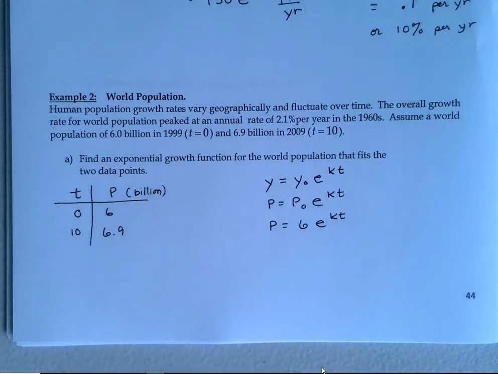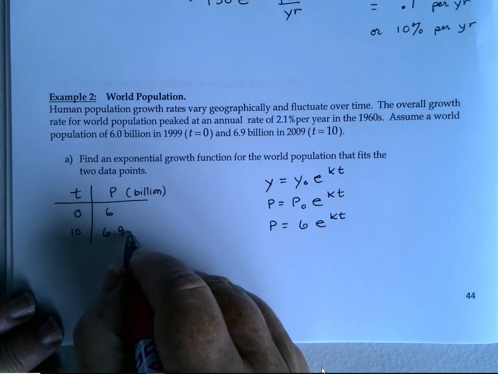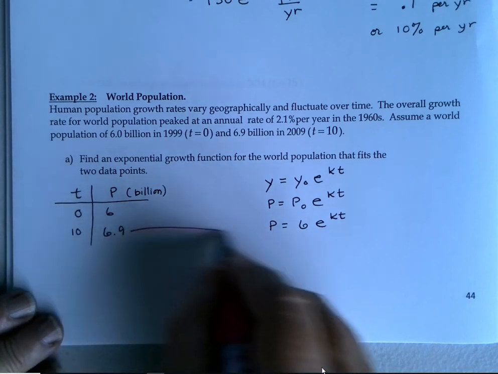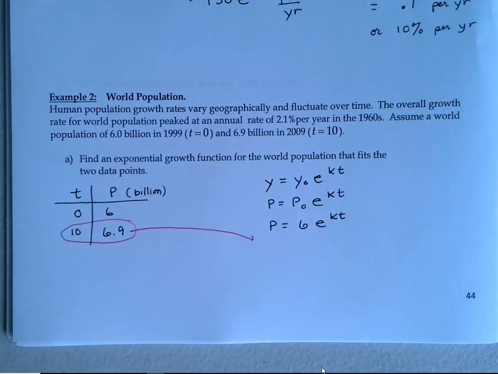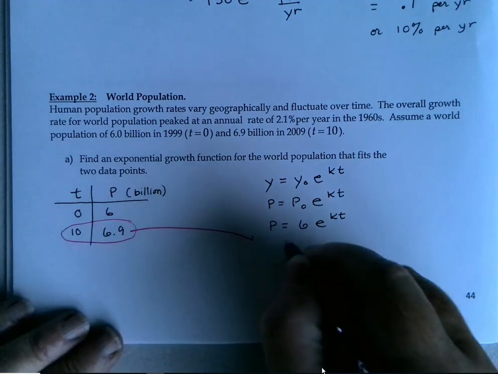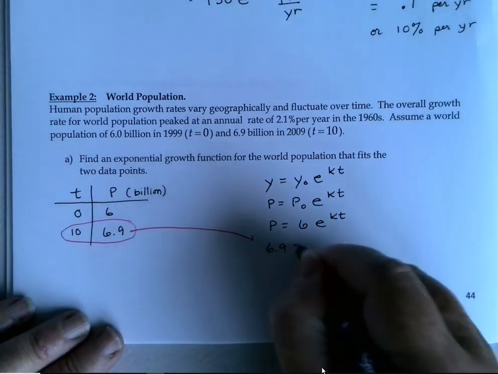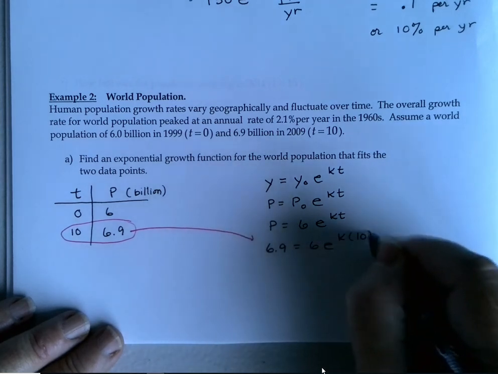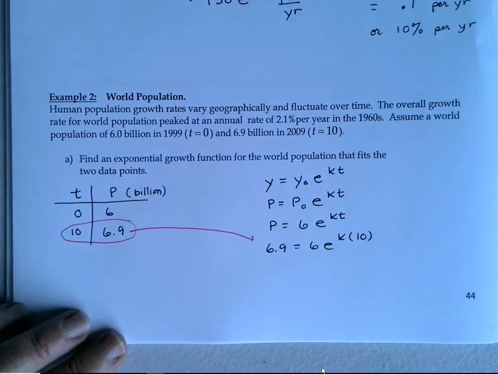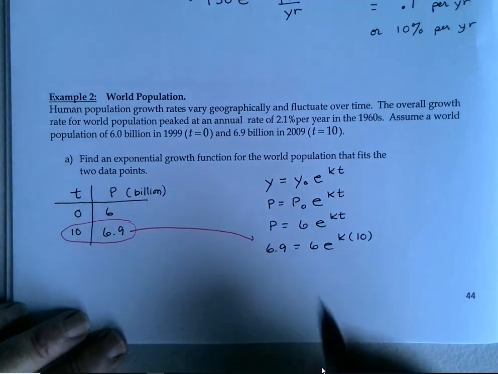And then, assuming that I'm supposed to be doing this by hand, obviously if I could use a calculator or Desmos, I could just run a regression, but we're going to go ahead and do it by hand. I'm going to take the second point from my table and plug in the time 10 and the population of 6.9. And that's going to allow me to solve for the growth constant, the k value.